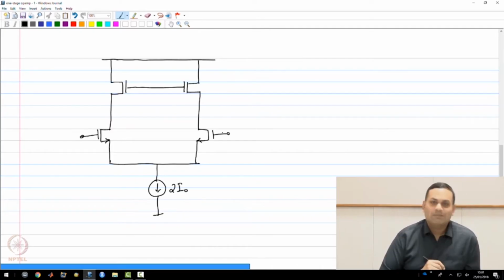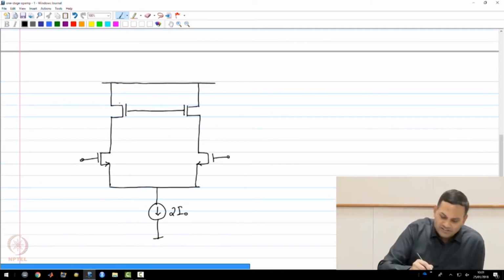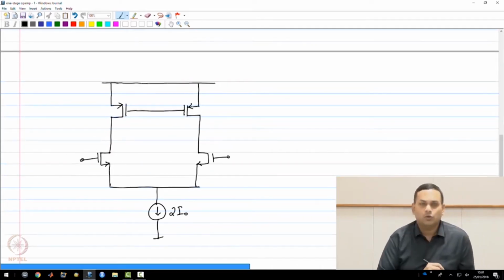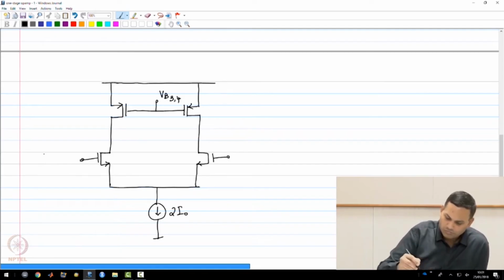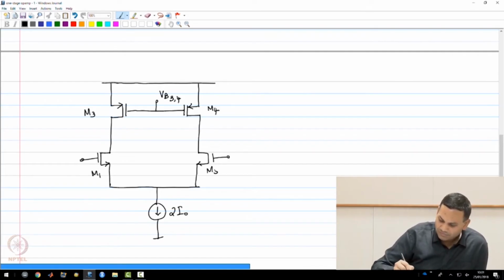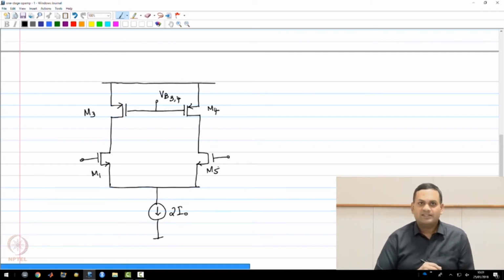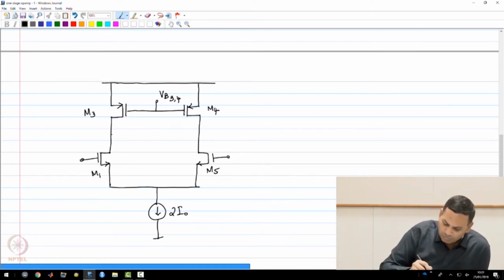I have taken the differential amplifier and I have removed the resistors and put in an active load. This is a 4 transistor amplifier which combines the advantages of both the circuits we just saw previously.